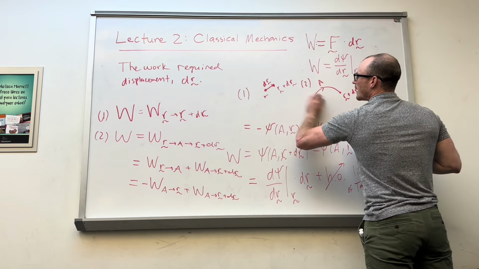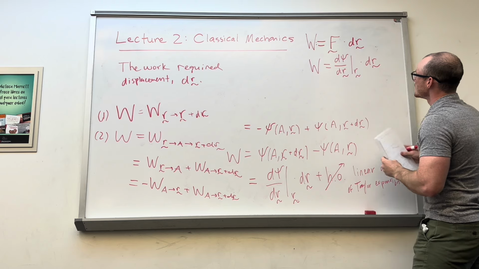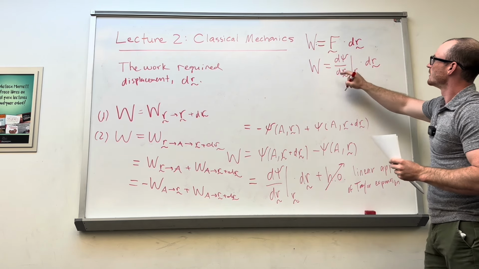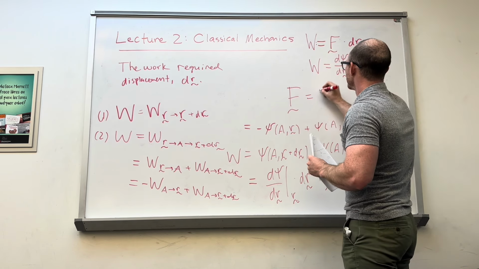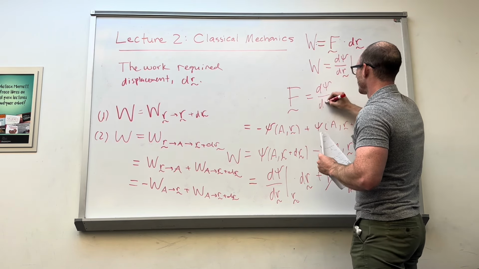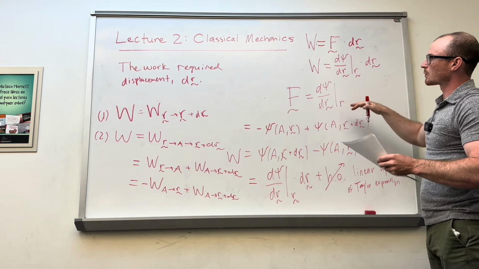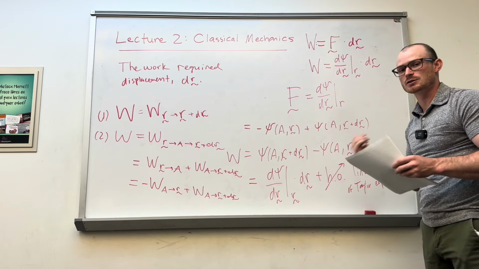Okay, if we compare these two equations, we can see that it appears that this d psi dr is f. So f is equal to d psi dr. Now, this is the work required to move the particle by some dr against a conservative force.